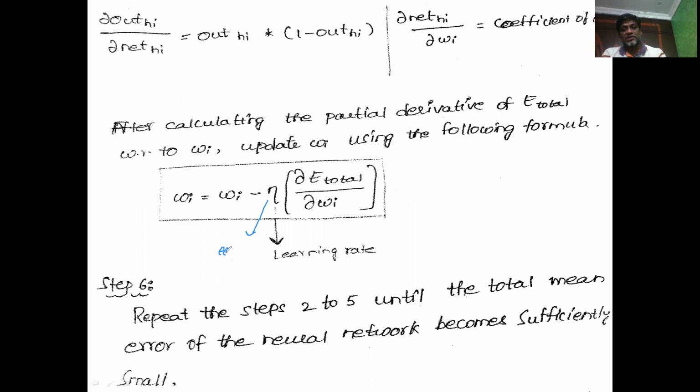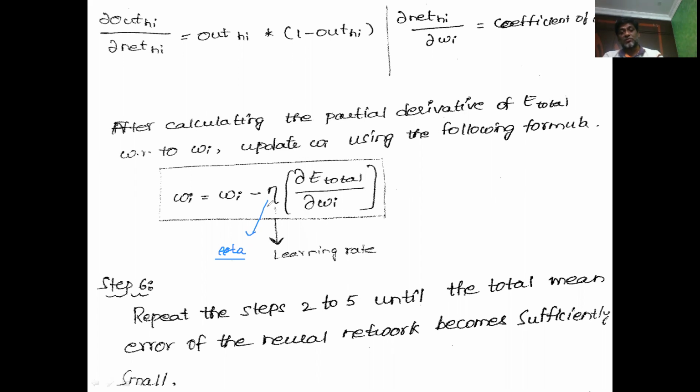Eta represents the learning rate, which will be initialized at the beginning along with the random weights. So eta is constant throughout the training process. Once we select that eta, it will remain the same throughout the process. So Wi is equal to Wi minus eta into ∂E_total/∂Wi.